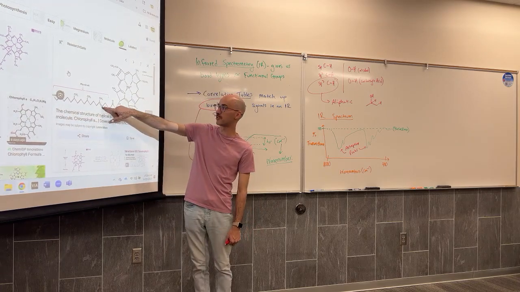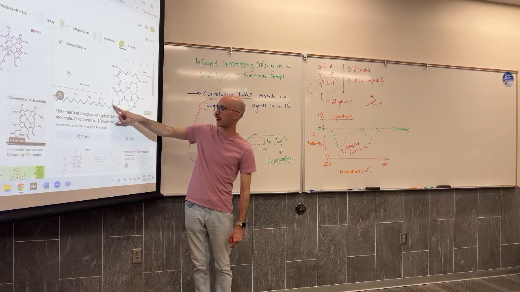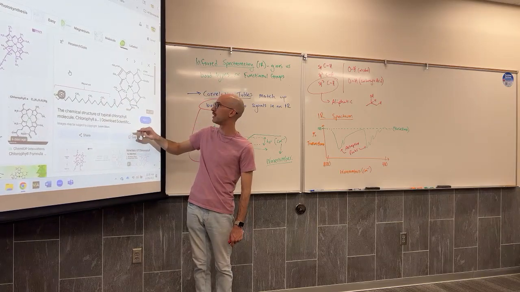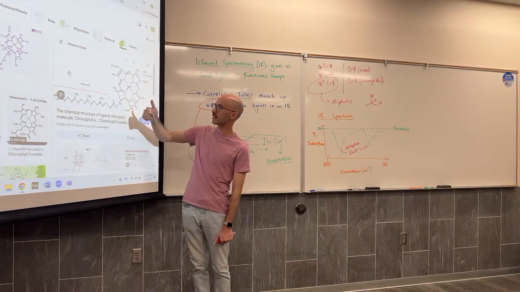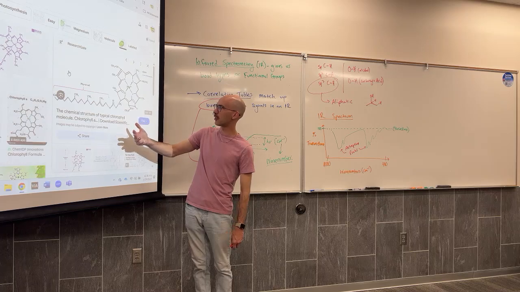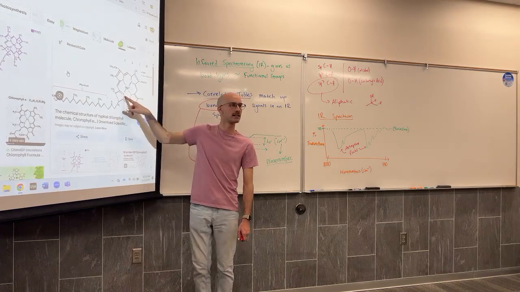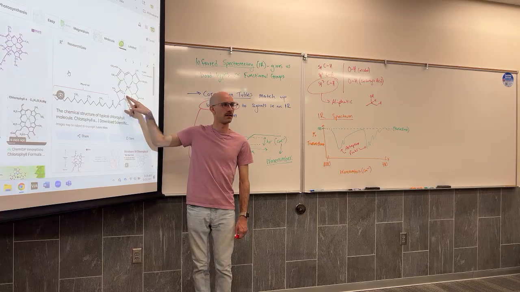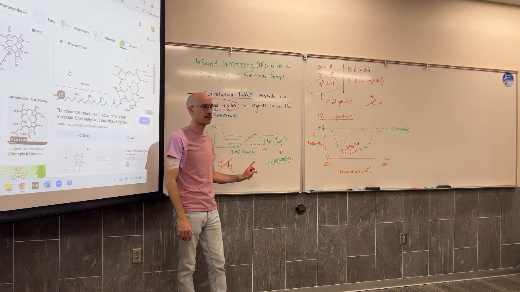There's some sp2 CH. There's some CC double bonds. There's some CO double bonds. There's some CO single bonds. I think that's it. sp3 CH, sp2 CH, CC double bond, CO double bond, CO single bond, and then here there's the CN double bond. All of those bonds absorb in the infrared.